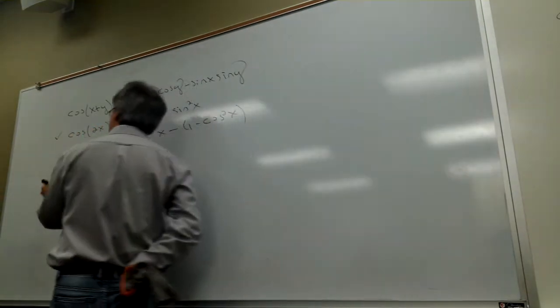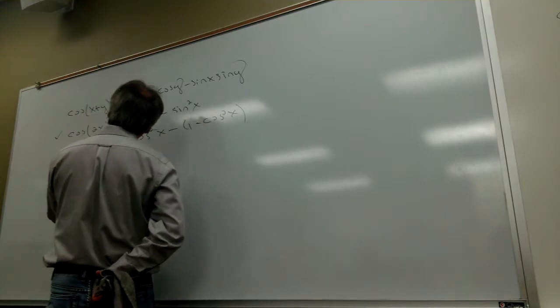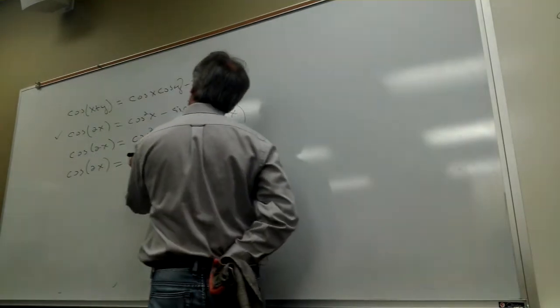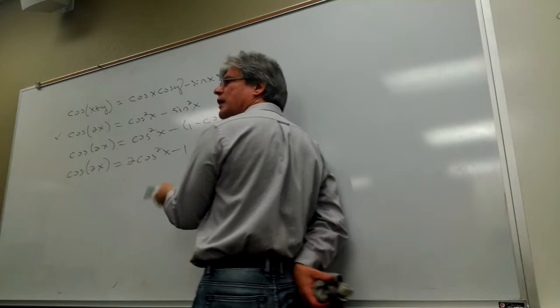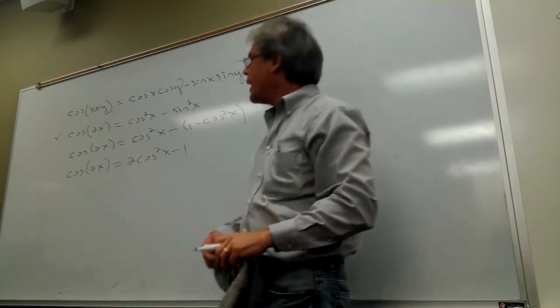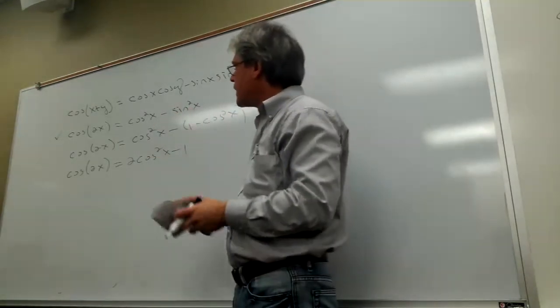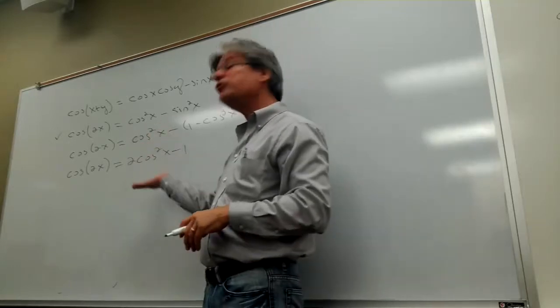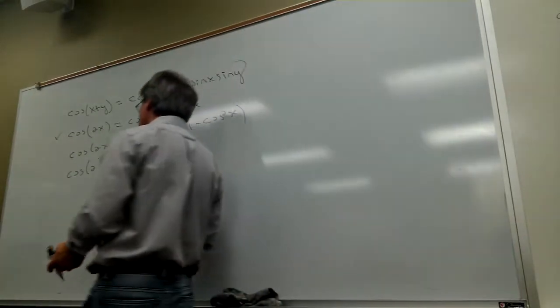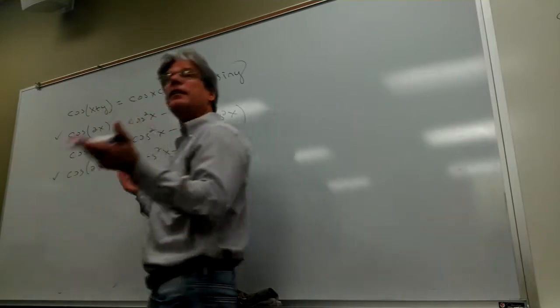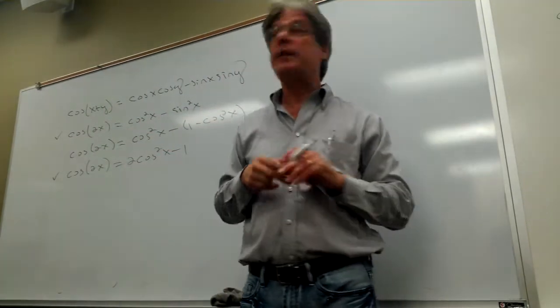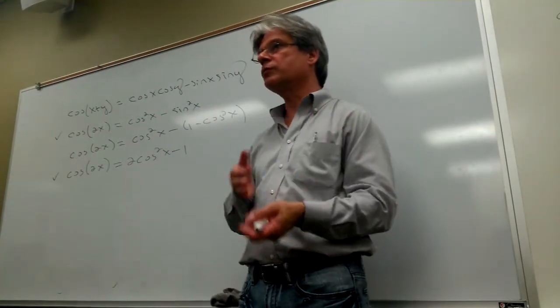If you allow me to remove parentheses and collect like terms on the right-hand side, that leaves me with this. That's kind of nice. The original double angle identity involves sines and cosines, but this version simply involves cosines alone on the right-hand side. Second version of my double angle identity for the cosine function.